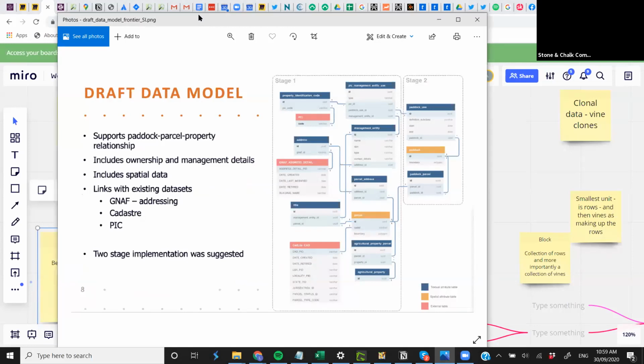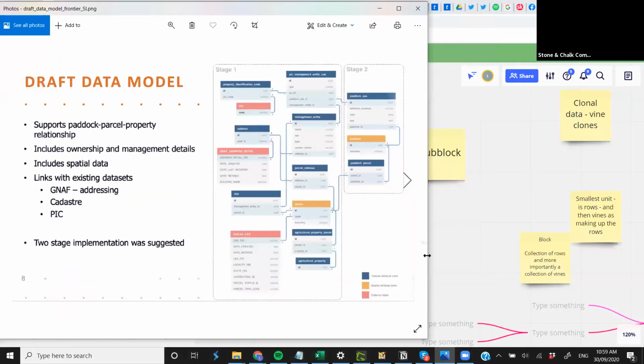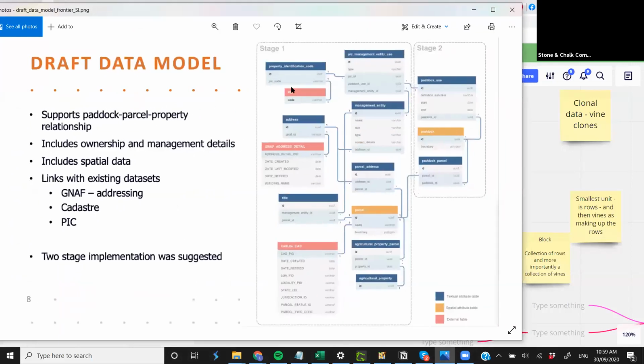These are the things that will start to come out over the next couple of workshops, where we are in some ways following this. We've got some sort of identification, which is probably the vineyard name, the address, things like the management entities, which for us are the blocks, and then the vines.